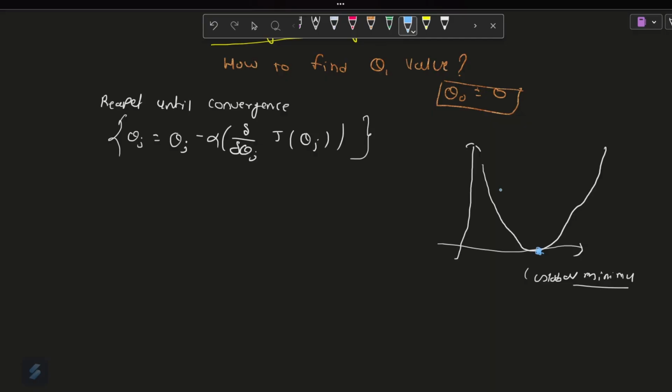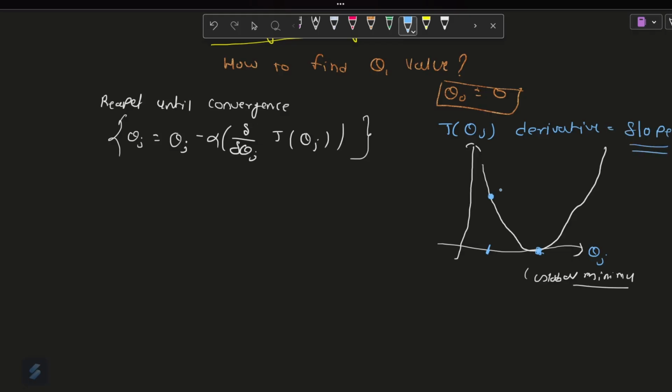Let's consider theta j on one axis, and J of theta j on the other. We have a theta value somewhere here, and we are calculating at that point. We do the derivative. When we calculate the derivative, it is basically calculating the slope.